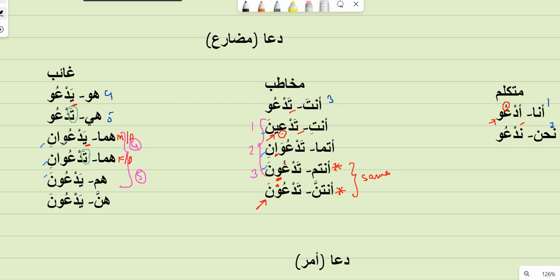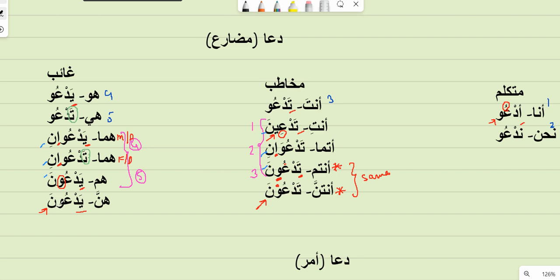Our damir is alif muthanna here and alif muthanna here. And for hum we have yad'una, the same structure, but the ta is changed because this shows the ghaib, ta shows the mukhatib. The structure is the same. Waw al jama is a damir. And here also yad'una. This we have noon niswa. This is not from noon zaida.